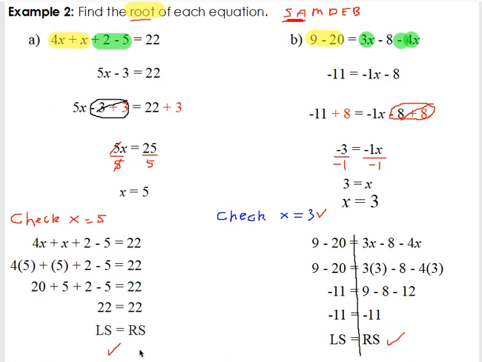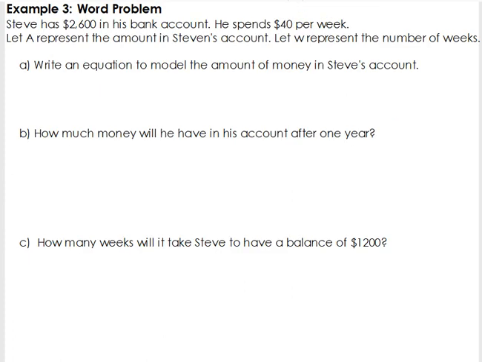Okay. Now is where I'm going to show you how this linear relations stuff really blends itself nicely into two-step equations. Have a look at this word problem. Steve has $2,600 in his bank account, and he spends, that's a key word, $40 per week.